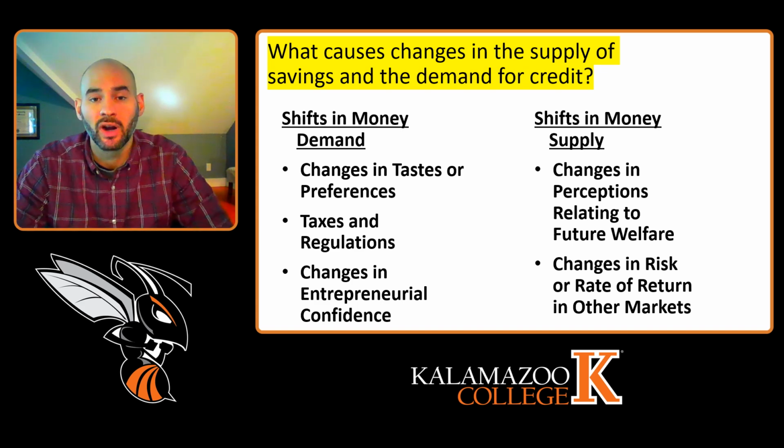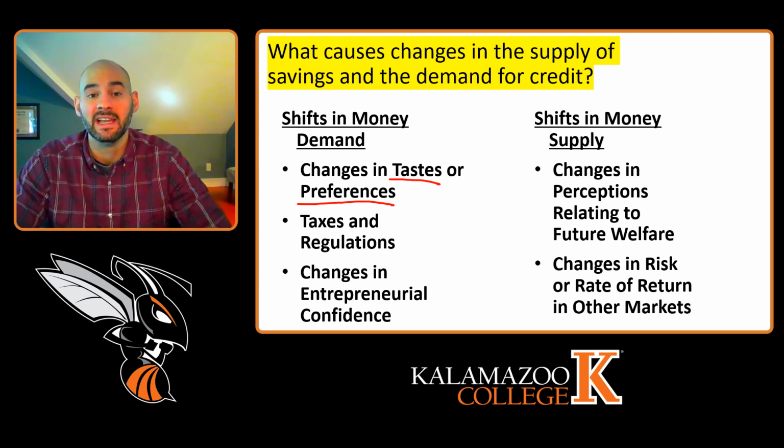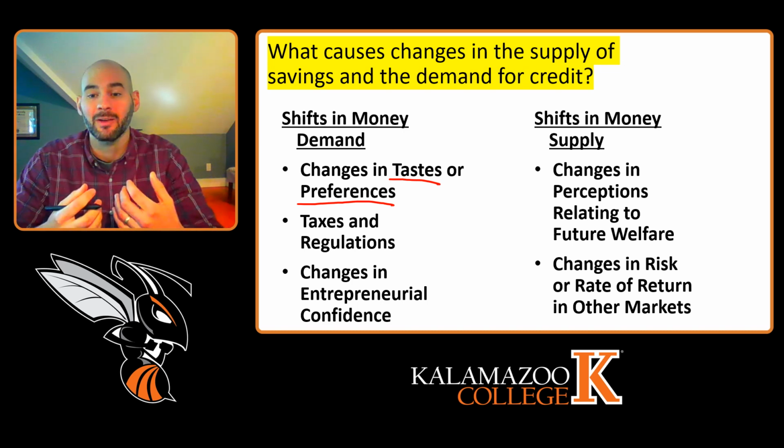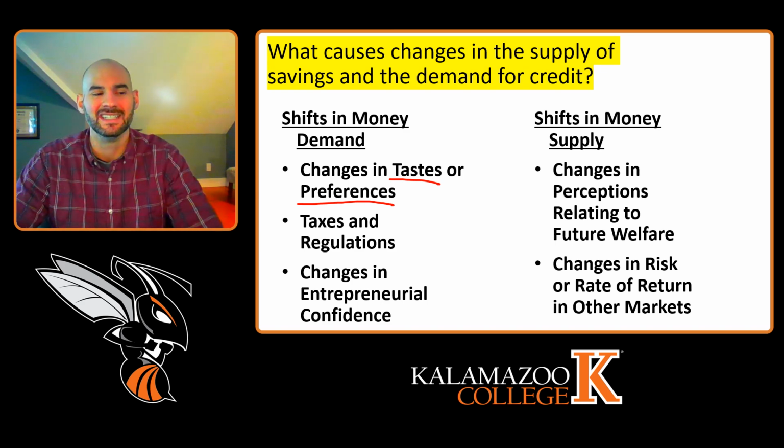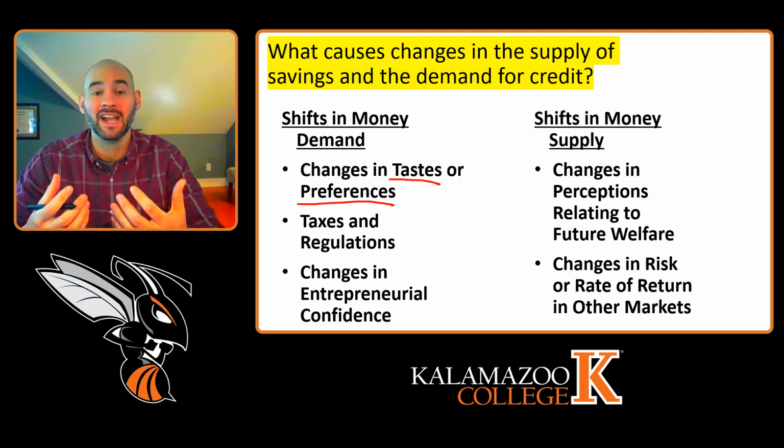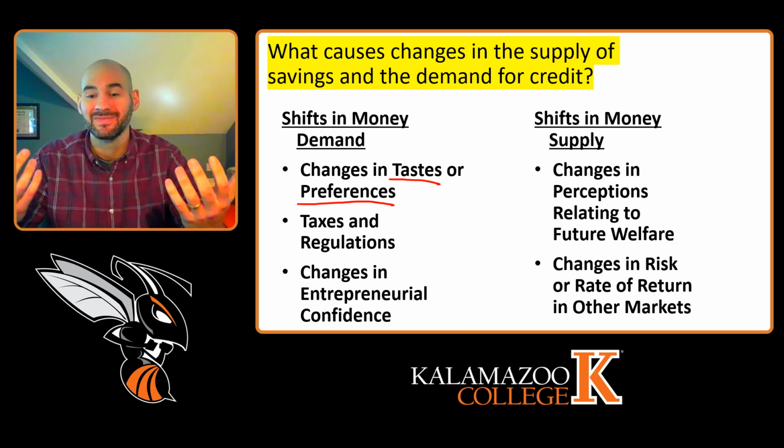So similar to a market for private goods, changes in tastes or preferences are going to lead to a shift in the money demand. If the millennials, and I'm not sure what your generation is called, the I generation, Generation Z, as our generations may not have as much of a preference for home ownership, that's been suggested.